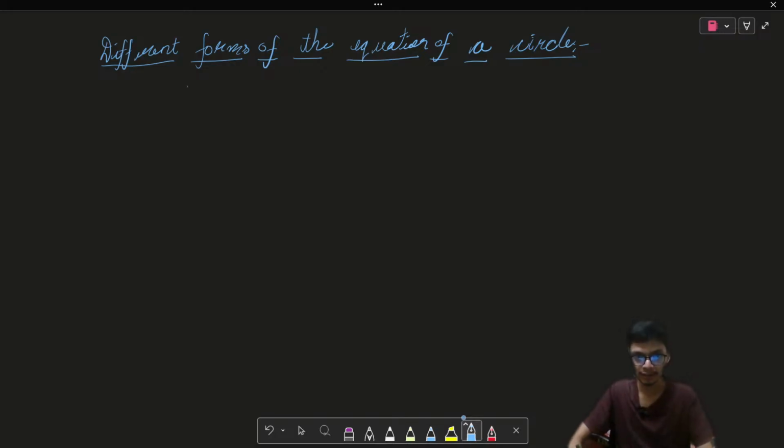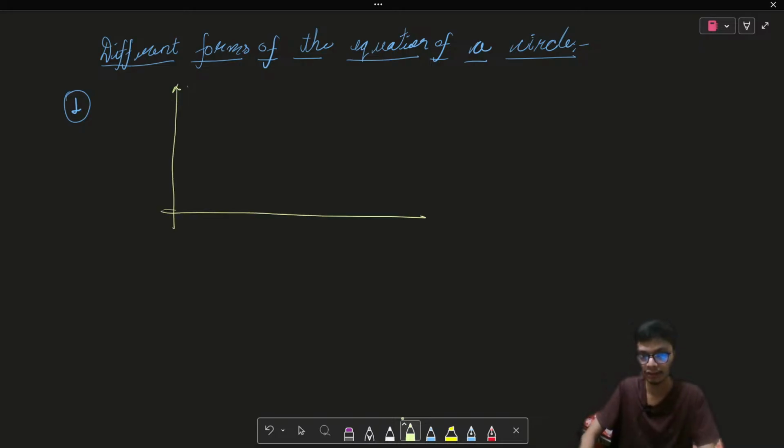Let us discuss the first form. Let us say we have a circle which passes through the origin and has intercepts alpha and beta on the x and y axis respectively. Let us say this is x and y.